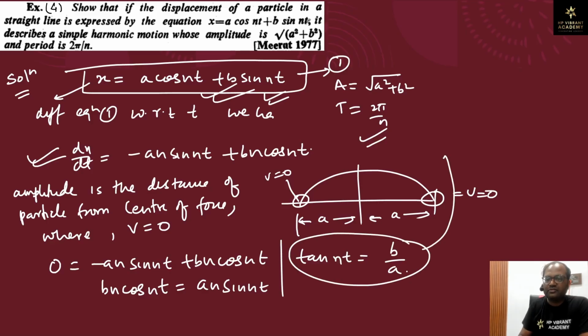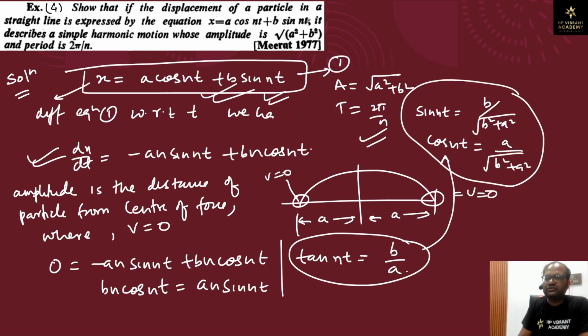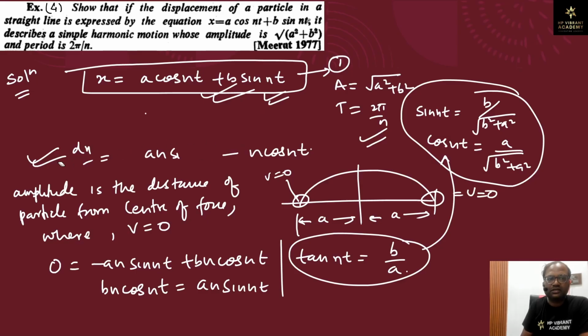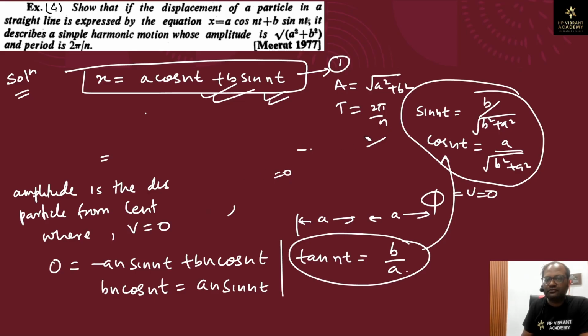So from here sin nt is equal to b upon root under (a² plus b²), and cos nt is equal to a upon root under (a² plus b²). So we have sin nt and cos nt like this. Now we have to find the amplitude, so let us put sin nt and cos nt in equation 1 for getting the amplitude. And we have μ equal to n².